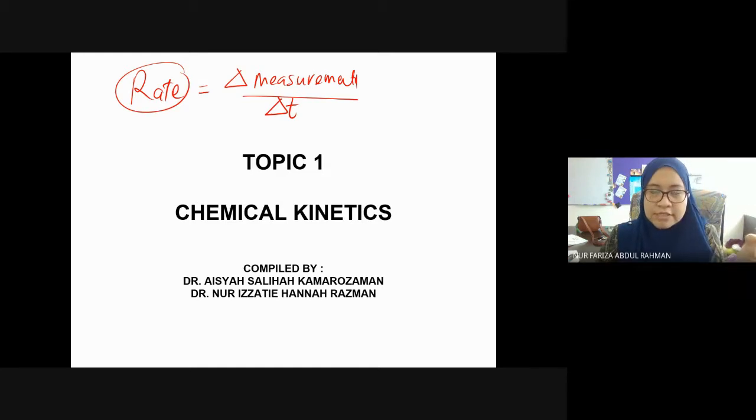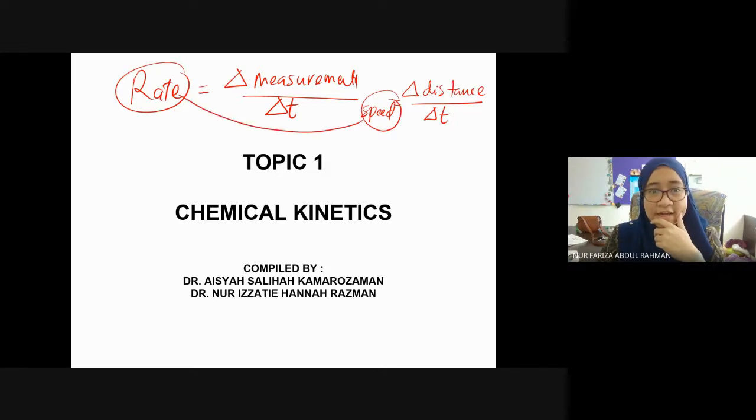Let's say we specify the measurement in terms of distance, so change in distance over change in time. This is what we call speed, right? So speed is actually rate.